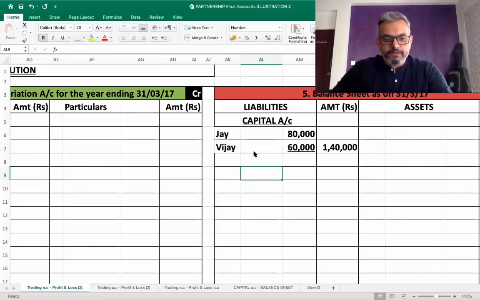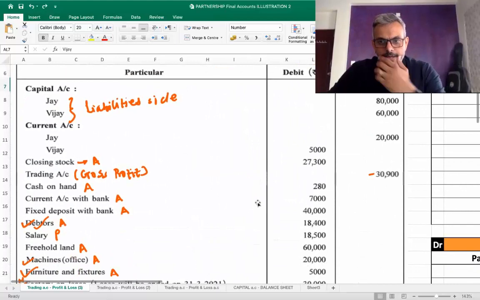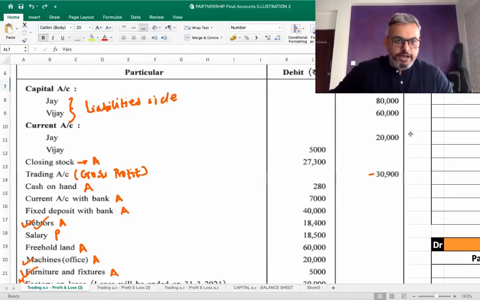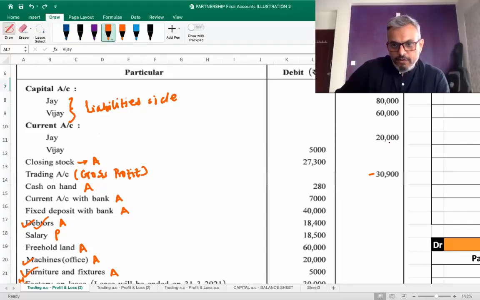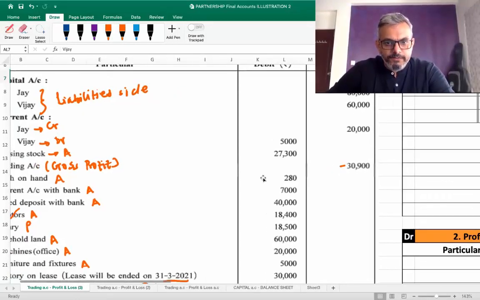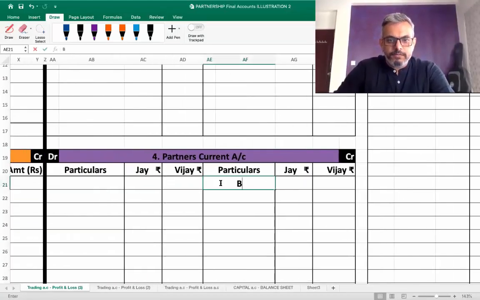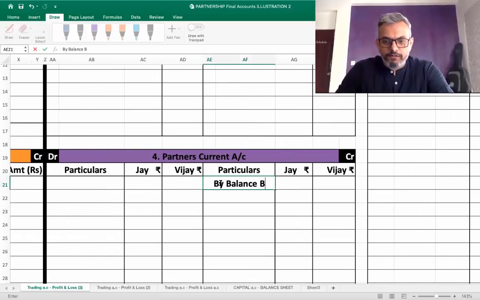Next, current account. Now be careful, because Jai's balance is credit, so it will go on the credit side, and Vijay's balance is debit, so it will go on the debit side in the current account. So be careful about it. Credit 20,000, so go to partners' current account, by balance brought forward.